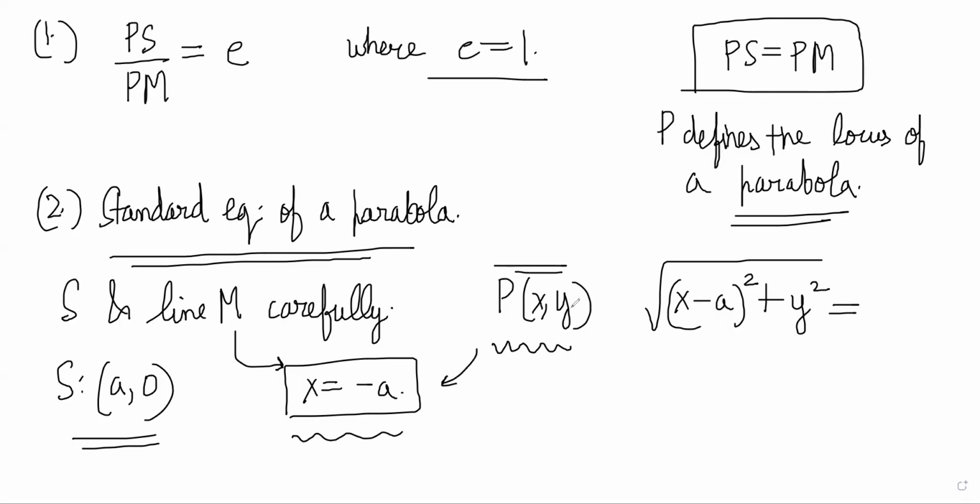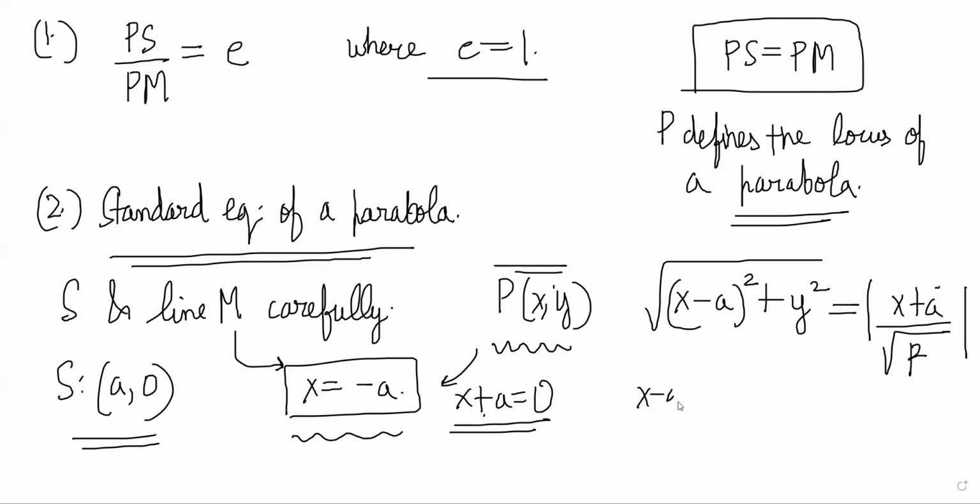The line equation is x plus a is equal to 0, and you have to find the distance of this point to this line. That will be simply (x plus a) by root over 1 square, right? When you square it, you will get (x minus a) whole square plus y square is equal to (x plus a) whole square. And when you simplify this, you will get y square is equal to 4ax.